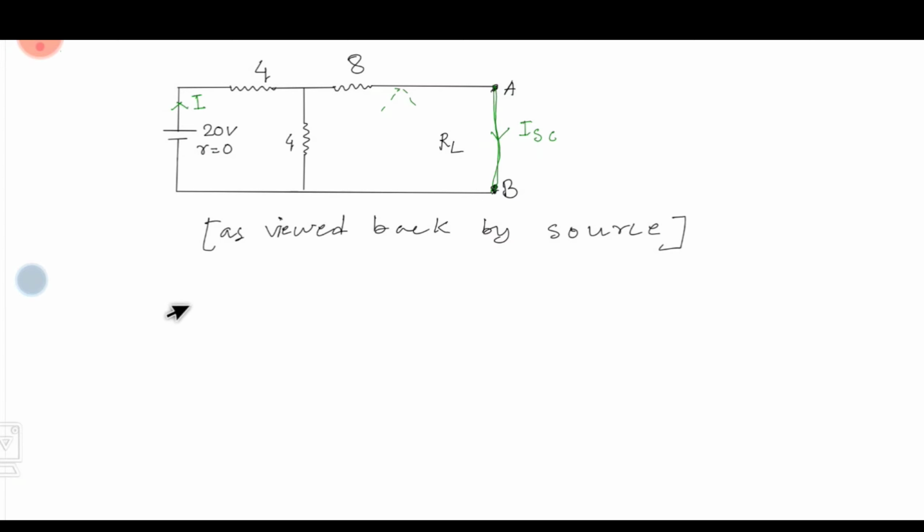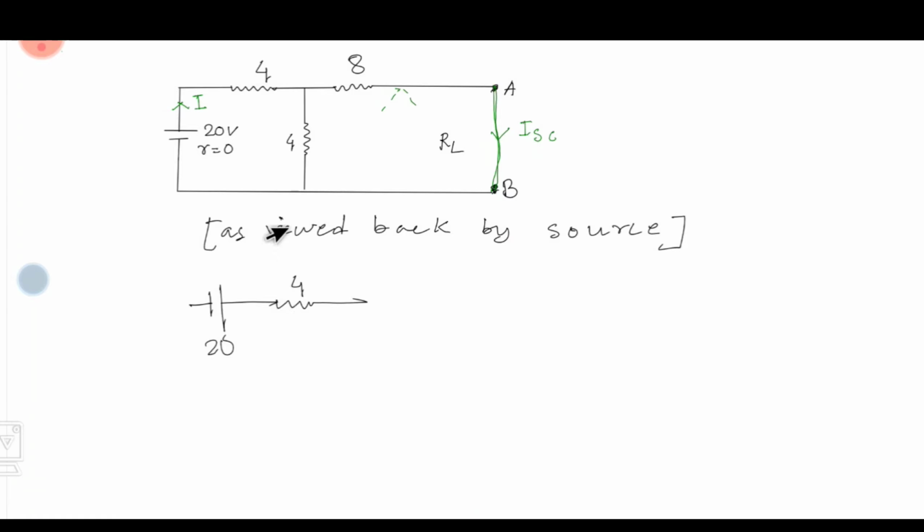This is our voltage source, 20 volt, and after that this 4 ohm resistance. After this it splits into 2 parts, one is this, one is this. Suppose this is the 8 ohm resistance.